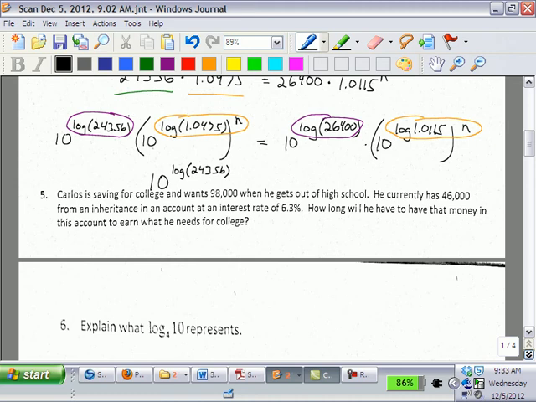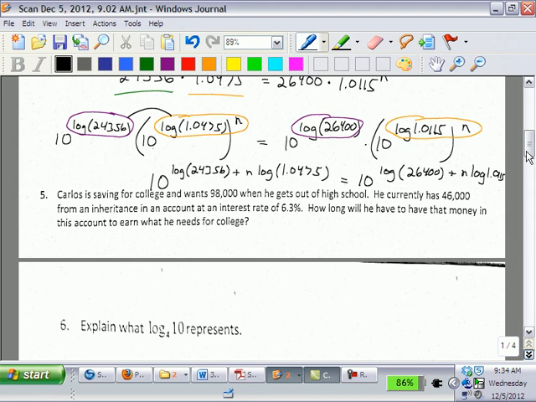No, you guys said these two things would be... Now I can get rid of those 10s.